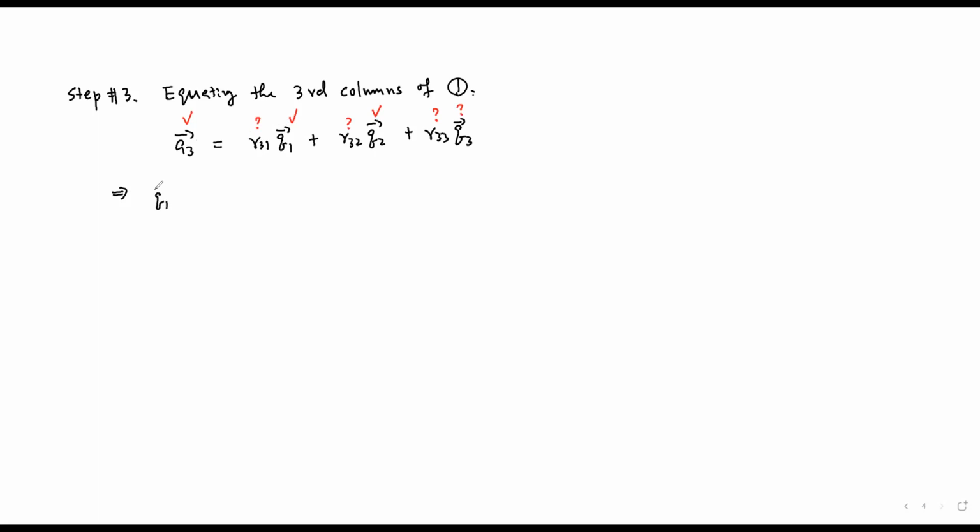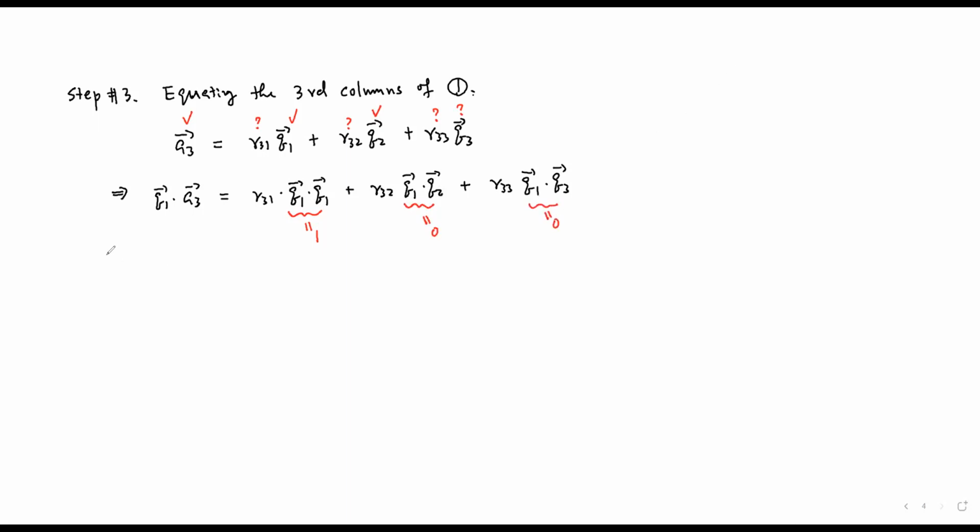Q1 dot the left side is R31 times Q1 dot Q1 plus R32 Q1 dot Q2 plus R33 Q1 dot Q3. Because the Q vectors are orthonormal, Q1 dot Q1 equals 1, and Q1 dot Q2 is 0.